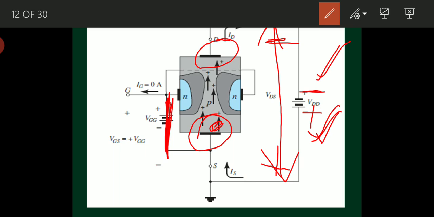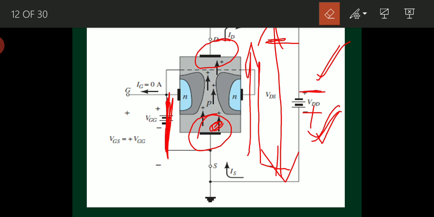So the positive terminal of VDS tends to move charge carriers towards the drain terminal, right? So current flows from source to drain. Why? Because holes are moving from source to drain. That's why current is also from source to drain.